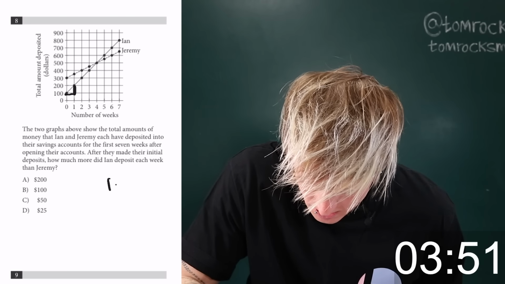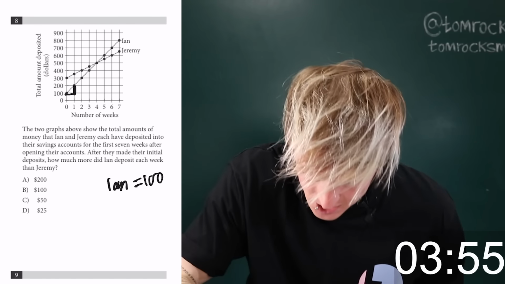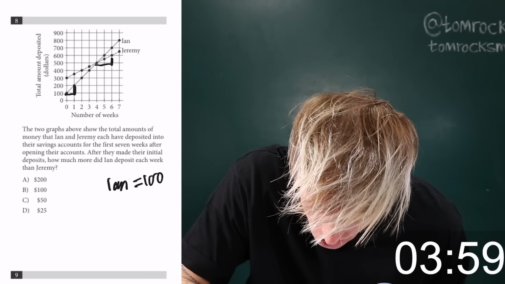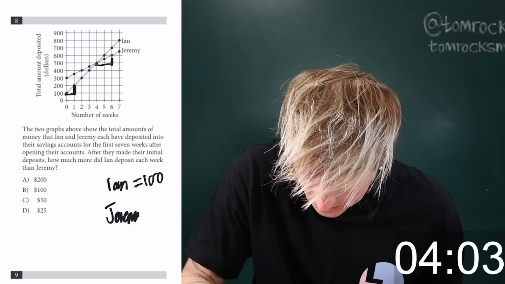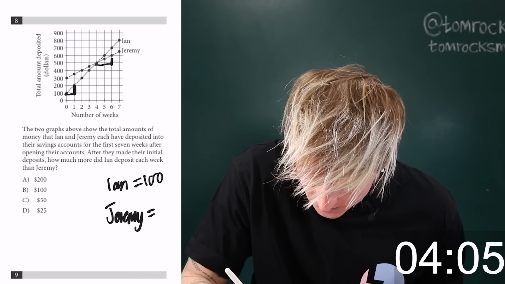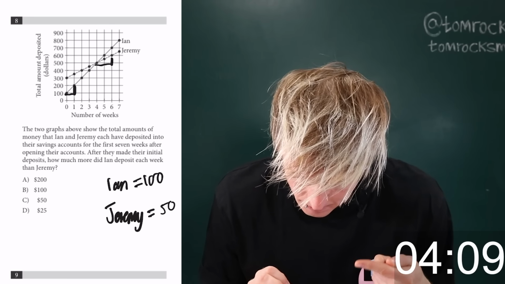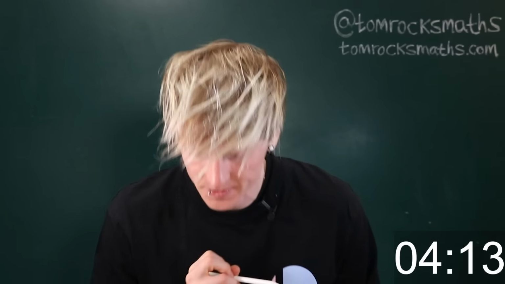So Ian is 100 each week. Jeremy's gradient is less, so Jeremy is getting 100 over 2 weeks. So Jeremy is 50, I believe. So Ian's 100, so how much more did he deposit each week? He deposited $50 more. So it has to be C.